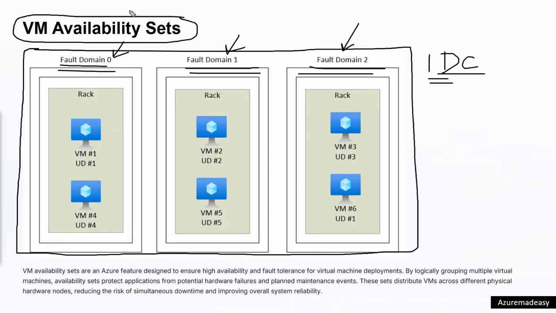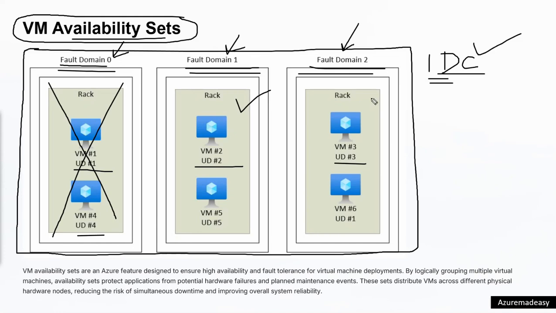Always remember that an availability set occurs for the same data center. So within the data center, we have different racks of power, and within these racks we distribute the machines so that if one is not available, at least the other two will be available for us.